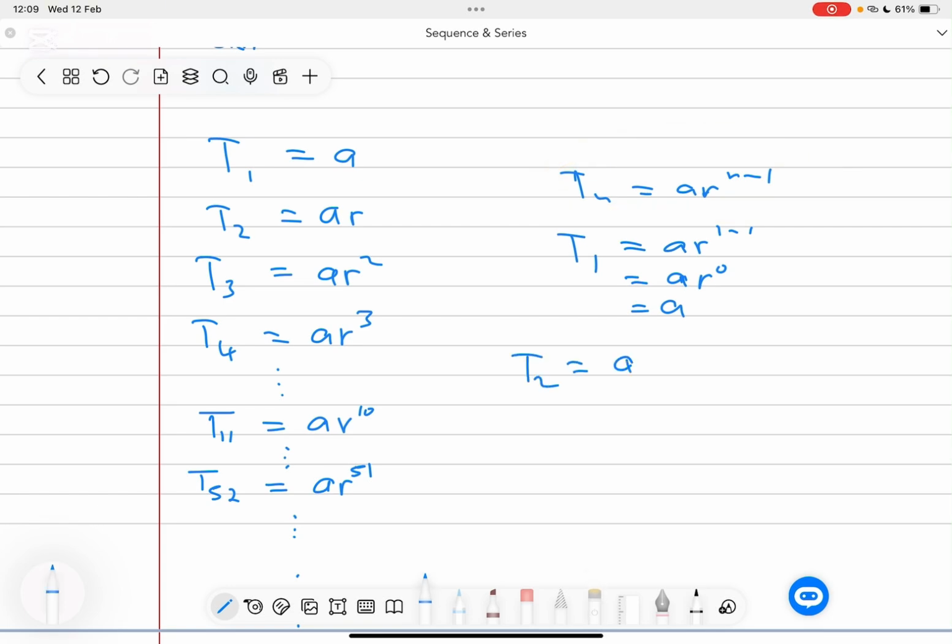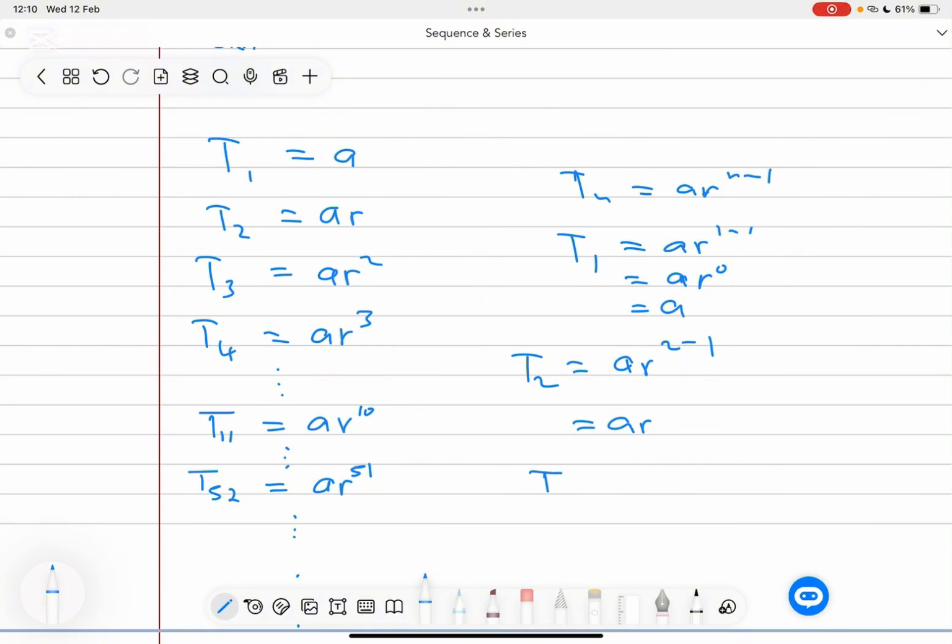That means I'm going to have T2 equals a r to the power 2 minus 1. Now all I've done is substitute the 2 on the n and the 2 on the n, and clearly it should be obvious that we're going to have a r to the power 1, and that's how we defined term 2. I can take any term. Let's say we take the 52nd term.